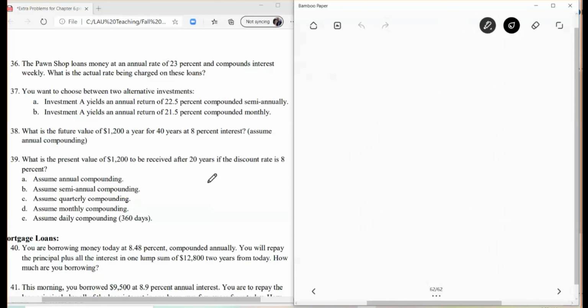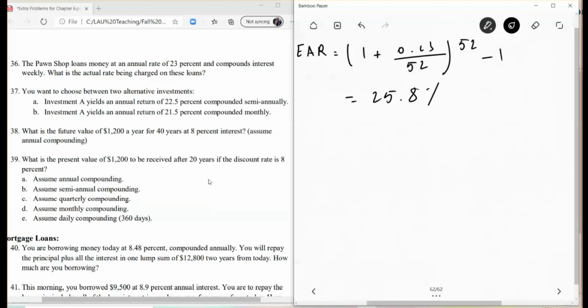In this case, you need to find the effective annual rate of those loans, which is equal to (1 + 0.23/52)^52 - 1, where 52 is the number of weeks in a year. And in this case, the answer is 25.8%.